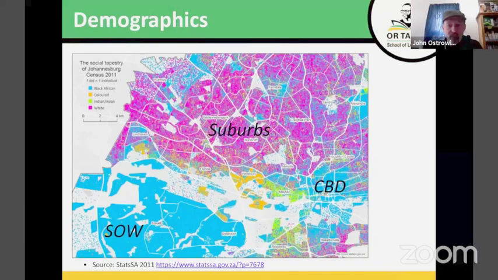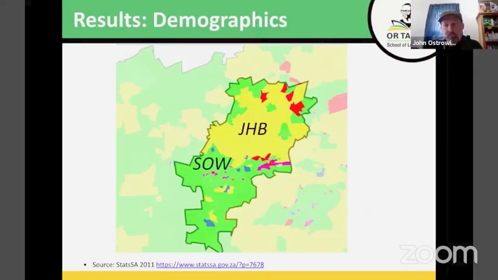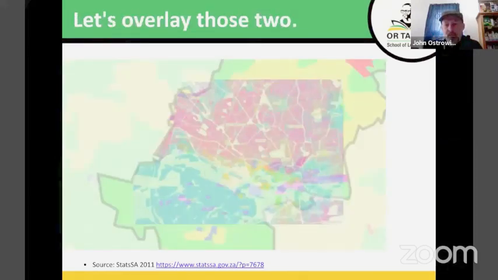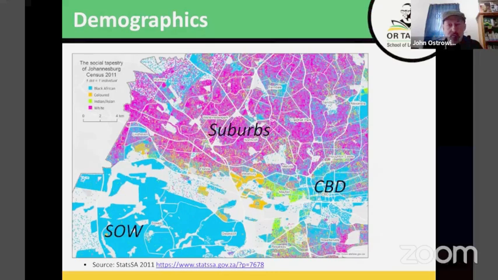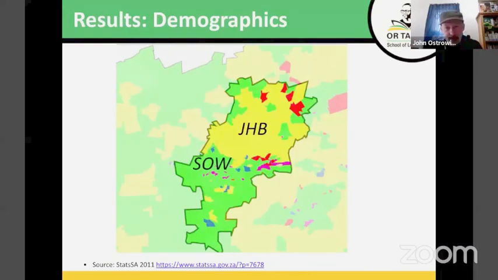Now, why is this interesting? Well, if we skip forward to the electoral results map and then we overlay the two, it's the same map again. So we see that effectively, if you look at the north of Joburg, where the suburbs are, where it says JHB, that is white people voting for DA. And then in the South, Soweto, we see the South is black dominated and ANC dominated.